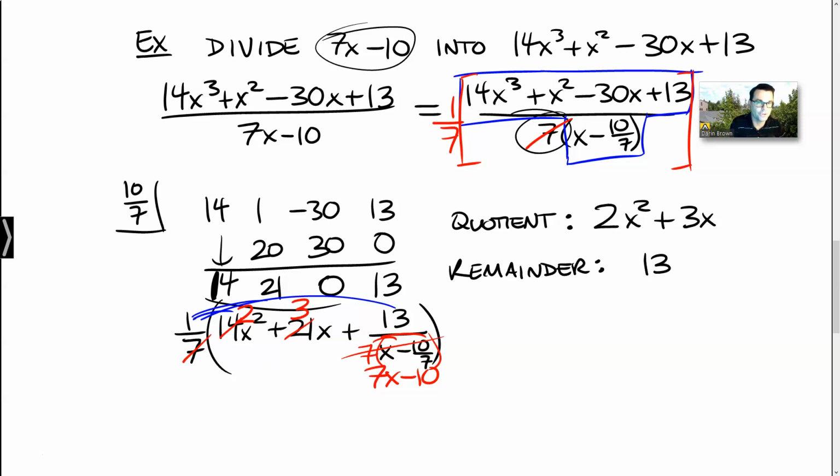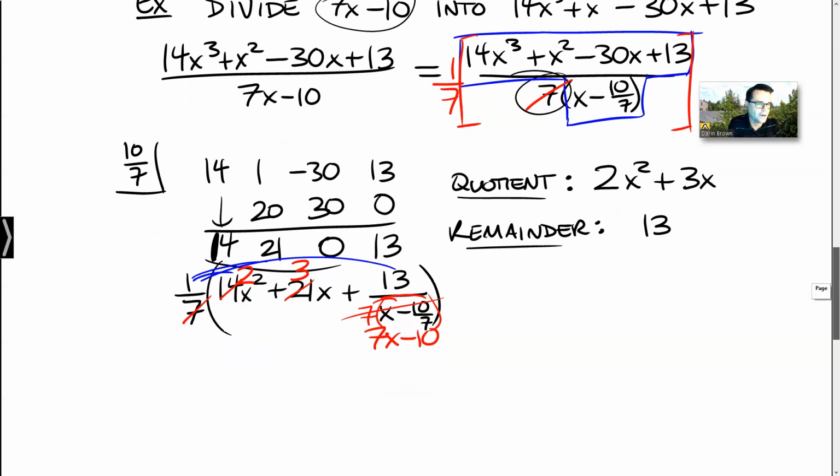So we could say that 14x cubed plus x squared minus 30x plus 13, all divided by 7x minus 10, is equal to 2x squared plus 3x plus 13 over 7x minus 10. Okay? All right. So that's how you can use synthetic division, even if it's not x plus or minus a number, even if it has an x coefficient. But you cannot use synthetic division if it is a quadratic or higher degree.